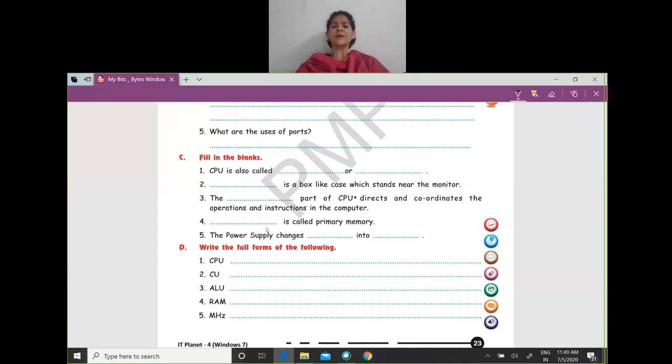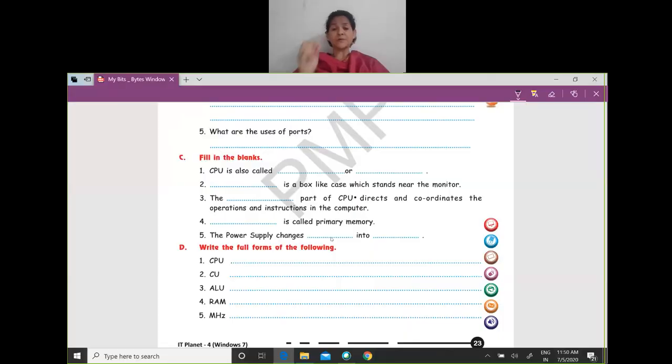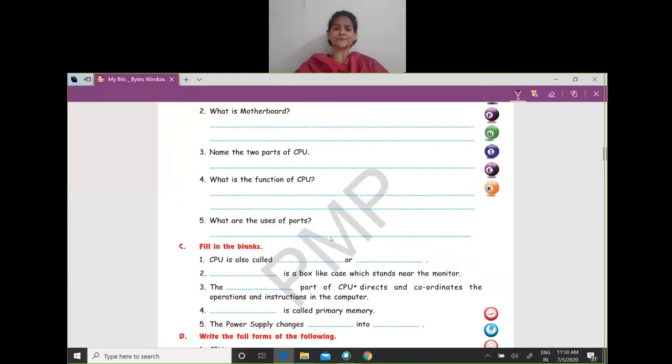Dash is called the primary memory. Internal memory, that is RAM and ROM, okay, is also called the primary memory. The power supply changes dash into dash. The power supply changes AC power into DC power. Okay.